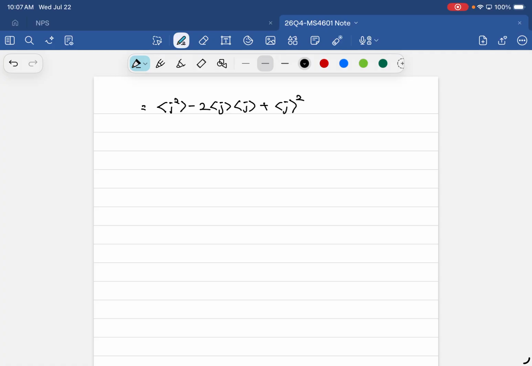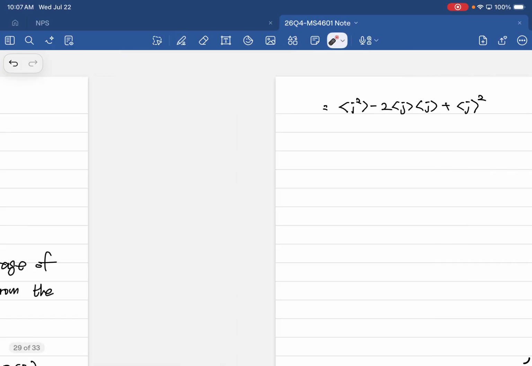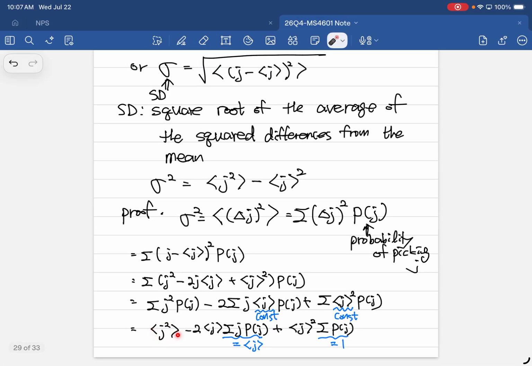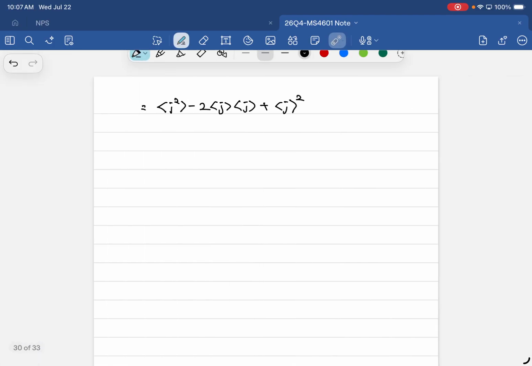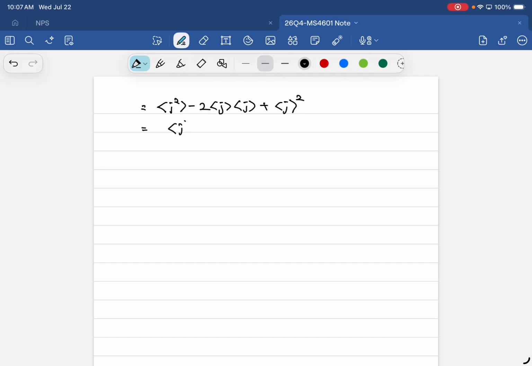I'm simply writing it down from the previous slide here. So what that means is that now this one is simply j square bracket minus j bracket square.